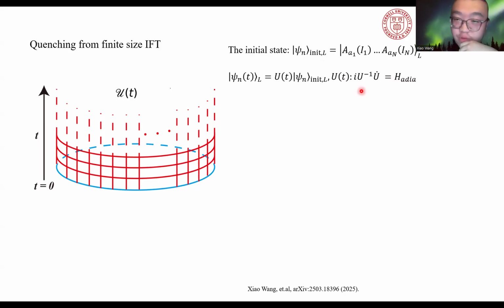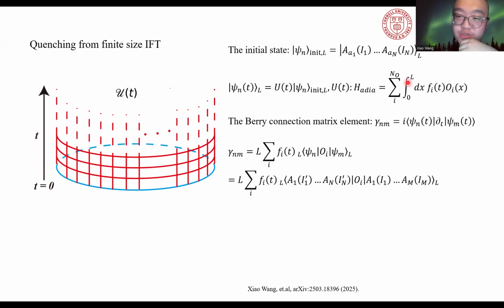We can generally write down this unitary operator given by this effective adiabatic Hamiltonian, which is given by the summation of integrals of local operators. In this case, we can directly solve the Berry connection matrix element from the formalism itself, since the initial wave function is time independent. So this is equivalent to solving the time derivative of the unitary transformation, such that we can obtain this matrix element.